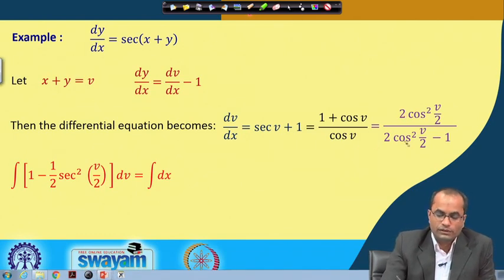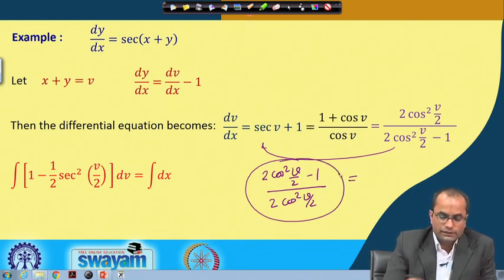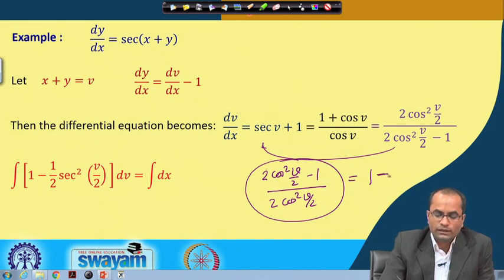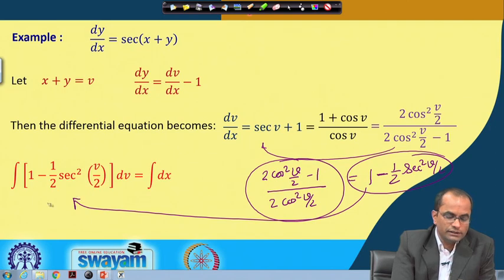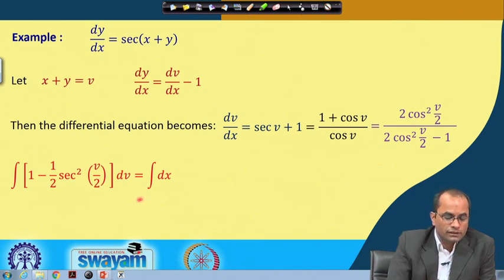When this goes to the left hand side, this will become 2 cos square v by 2 minus 1 over 2 cos square v by 2, and that is exactly what we have there. 2 cos square v by 2 divided by 2 cos square v by 2 will be 1, and minus 1 by 2, and 1 over cos square v by 2 will be sec square v by 2. So, this is now the integrand here, 1 minus half sec square v by 2, and this we will integrate over v, and on the right hand side we have the integral of dx.